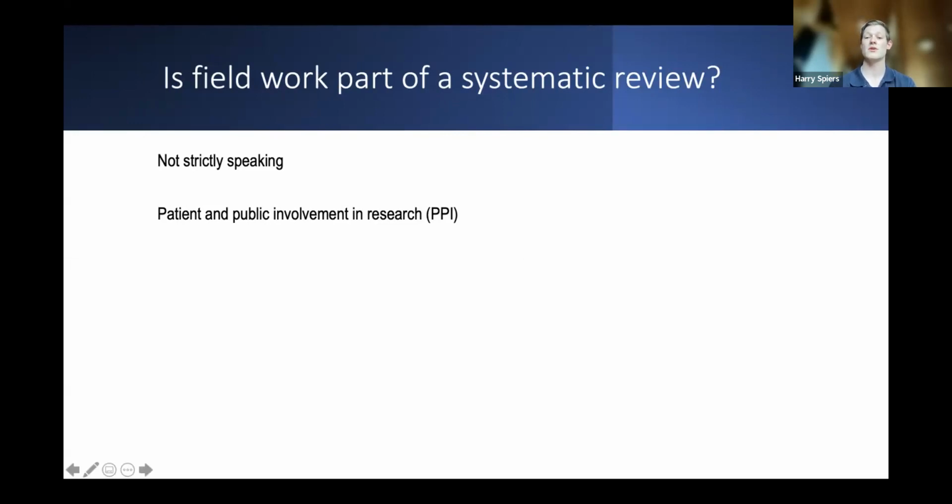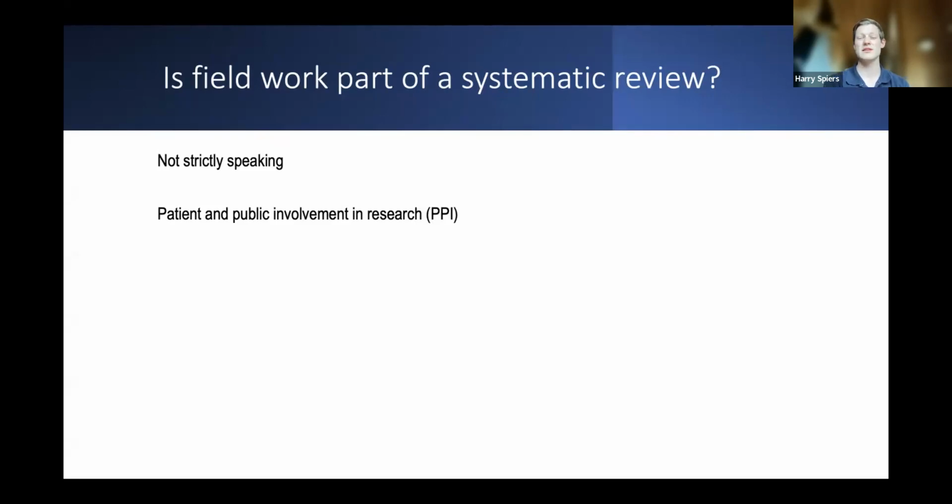The answer is no, strictly speaking you don't have to prove that you have done. However, to do a good systematic review, you need to have a good, well-defined question.